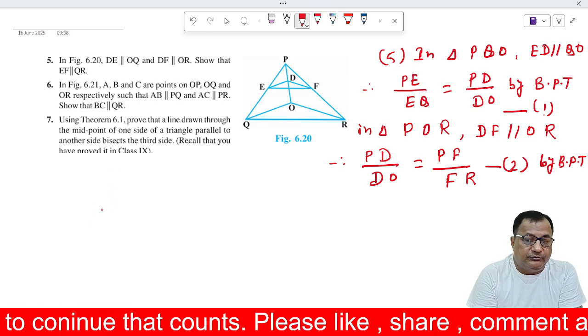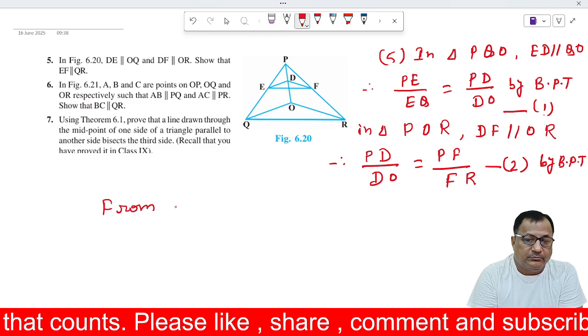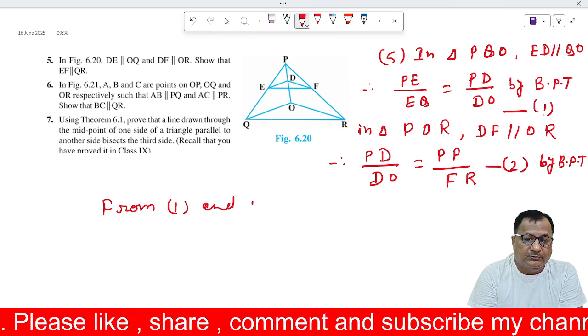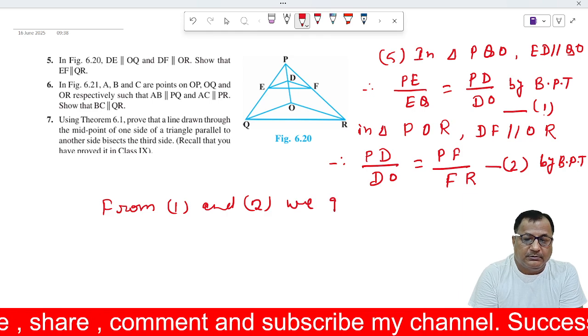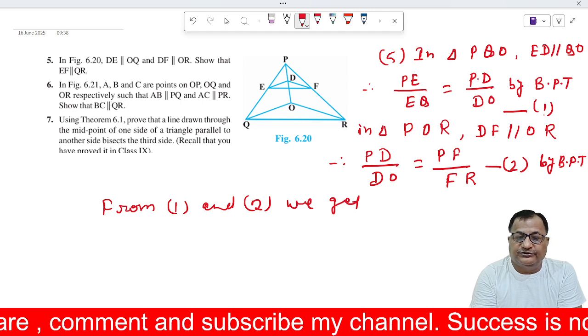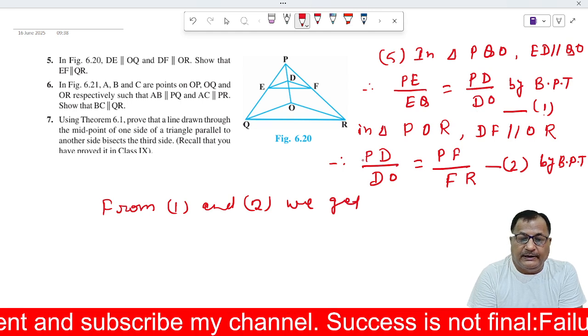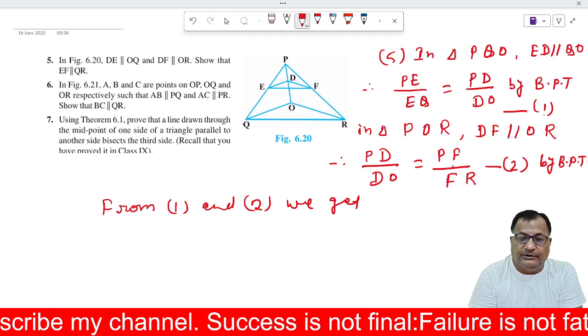Now from 1 and 2, see in 1 also here it is PD by DO and 2 also is PD by DO. So both of these will be equal.